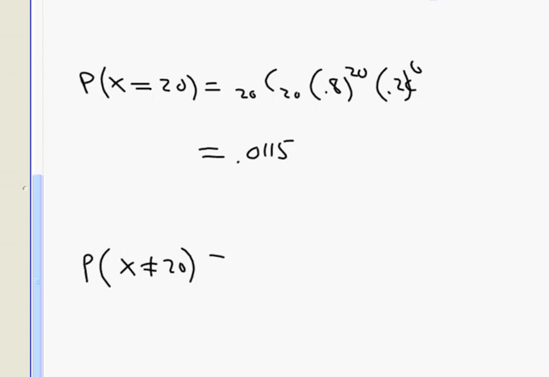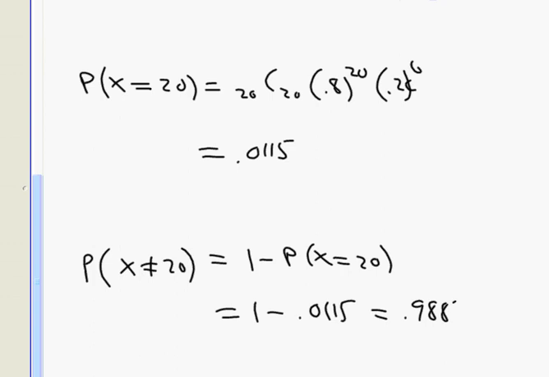That would equal 1 minus the probability that x equals 20, or 1 minus 0.0115. This question was asked in that way to remind us that sometimes when you go to find a probability, it's easier to find the complementary event and then subtract from 1. So I think we get 0.9885 here.